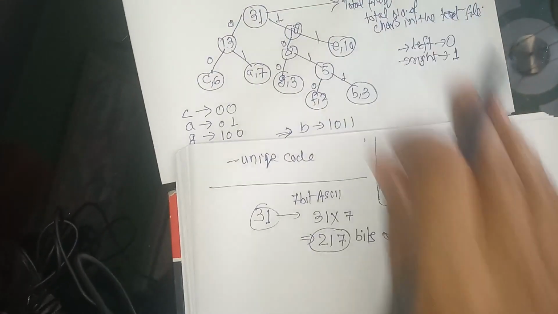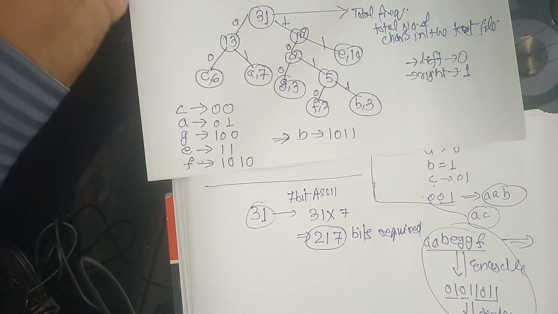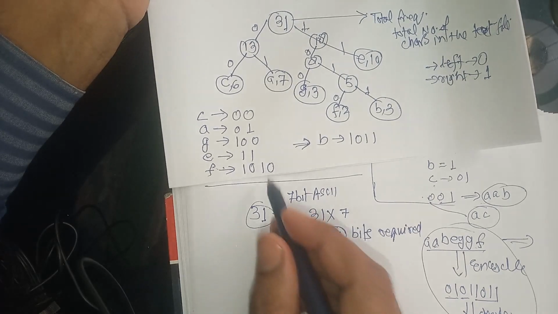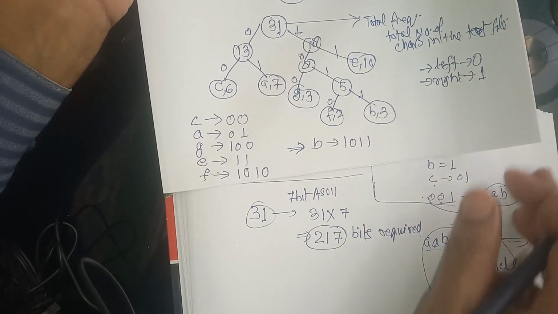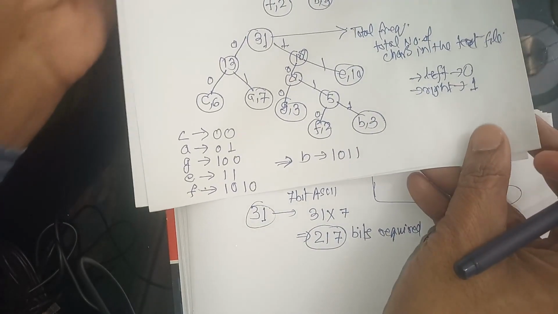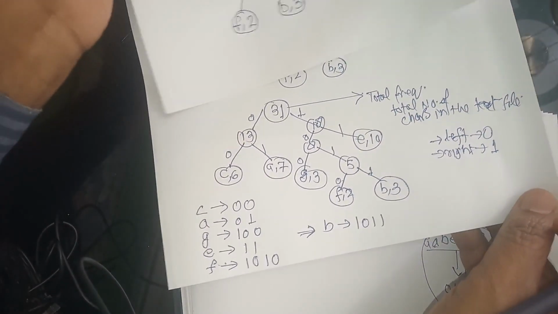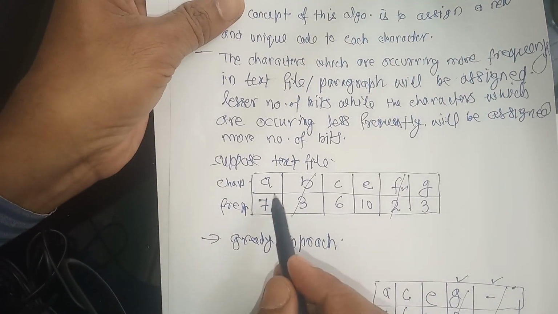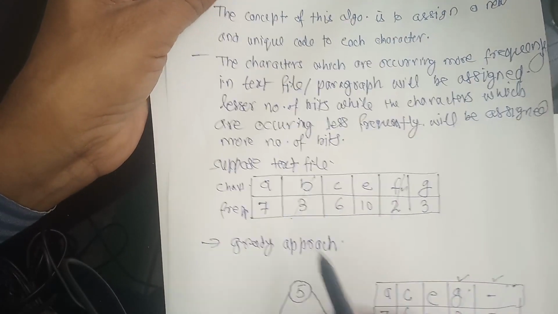But if we represent the same text using Huffman code, how many bits will be used? For this we have to check the frequency table. From the frequency table we can see A is 7 times, B is 3 times, and so on.